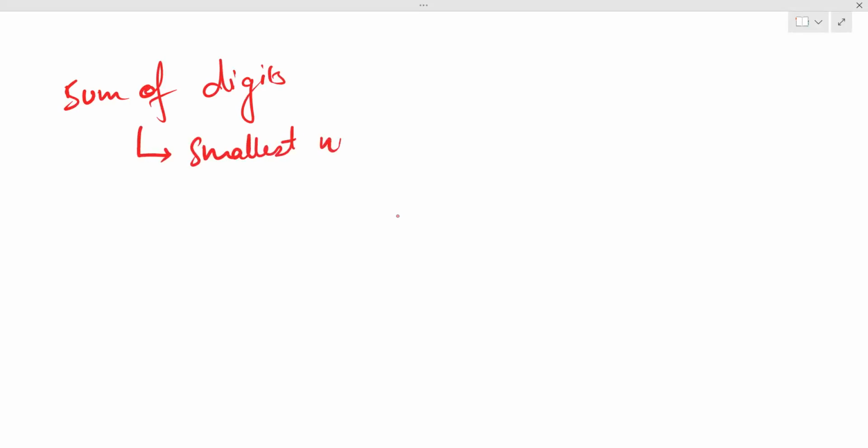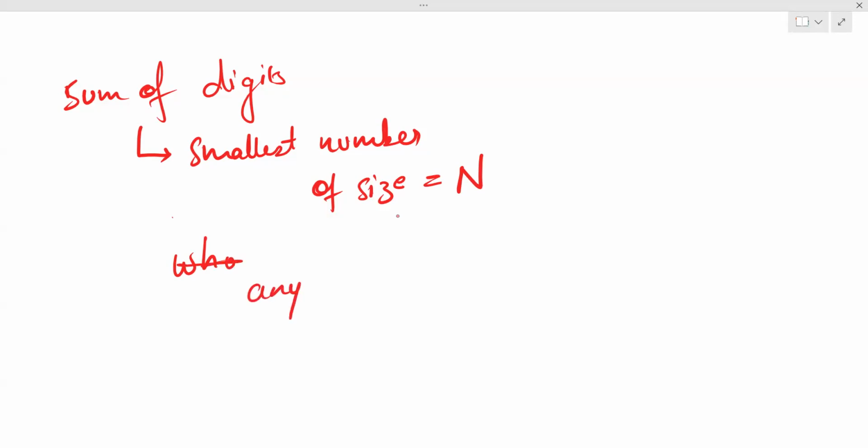We have to find the sum of digits of the smallest number of size equal to n, where, if we see this number as a string, any substring of size strictly more than k shouldn't be a palindrome.